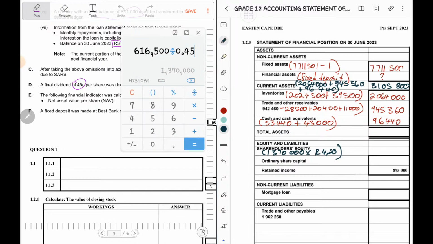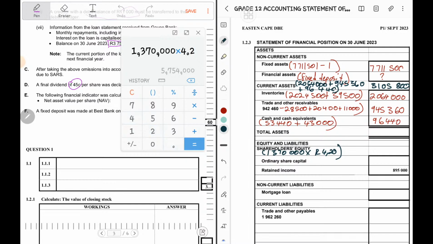So we're going to say multiply by 420. That gives me how much? 5,754,000. To find the ordinary share capital, we take the 5,754,000, we subtract the retained income of 895,000.